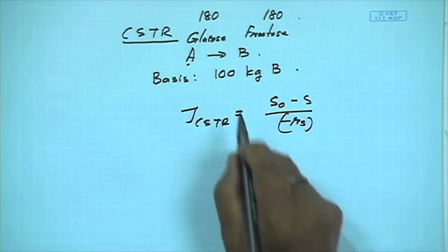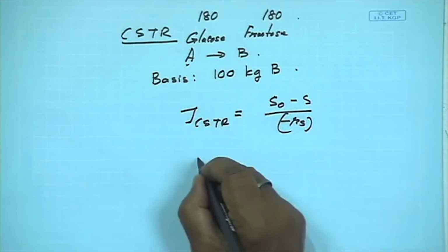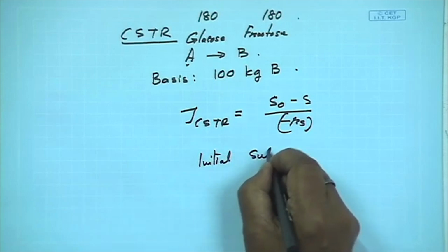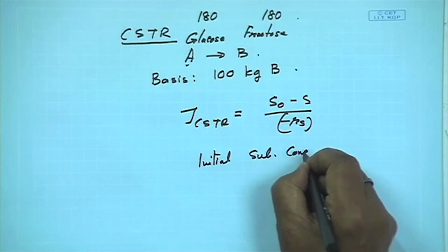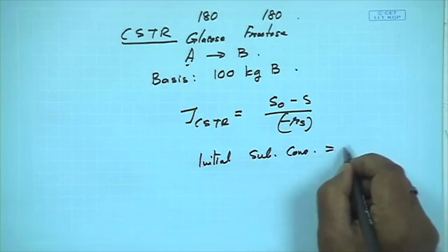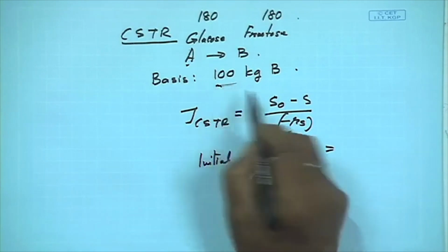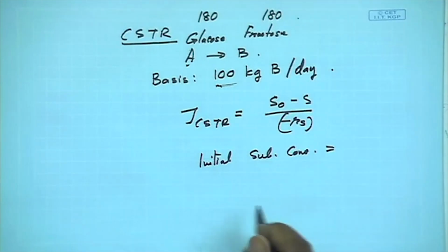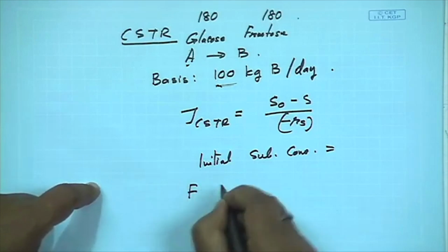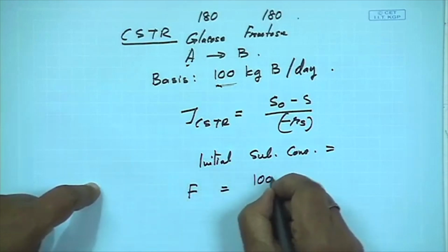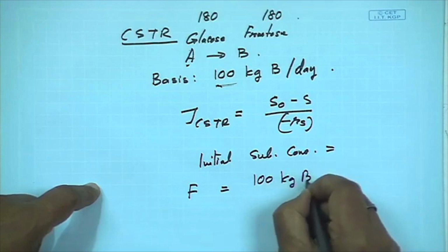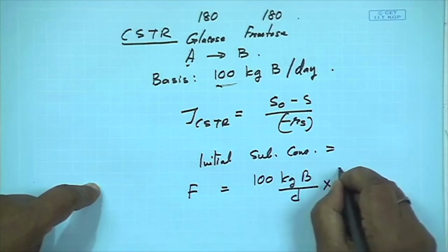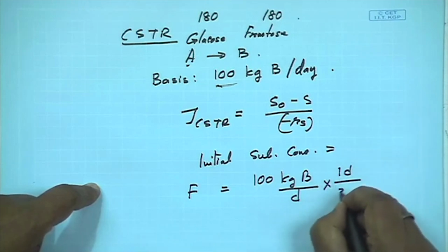And here you know the initial substrate concentration, that is the glucose concentration. So, if you know the initial substrate concentration, and suppose this is the amount being produced per day, then the flow rate you can easily calculate. This is 100 kg B per day. Now, 1 day is equal to what? 1 day is equal to 24 hours. Am I right?